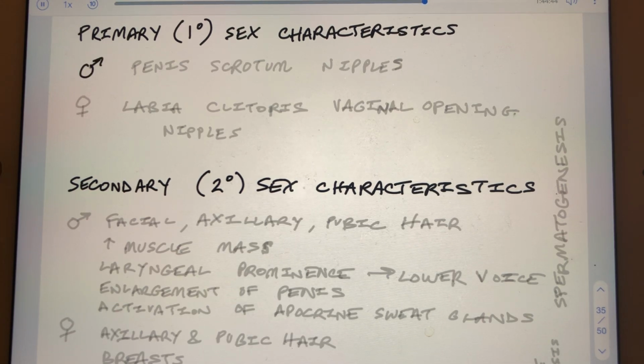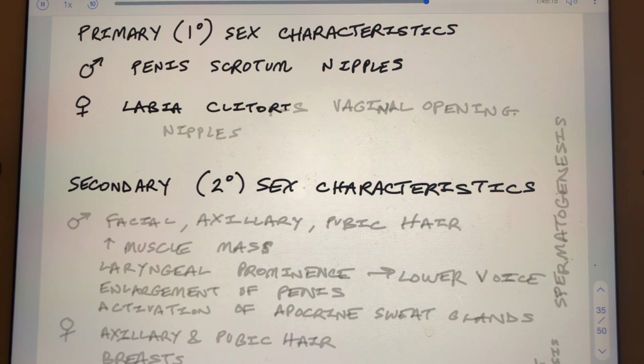For males, primary sex characteristics would include the penis. It's present at birth. The scrotum, present and conspicuous at birth. And for that matter, nipples, present and conspicuous, obvious at birth. For females, labia are present at birth.